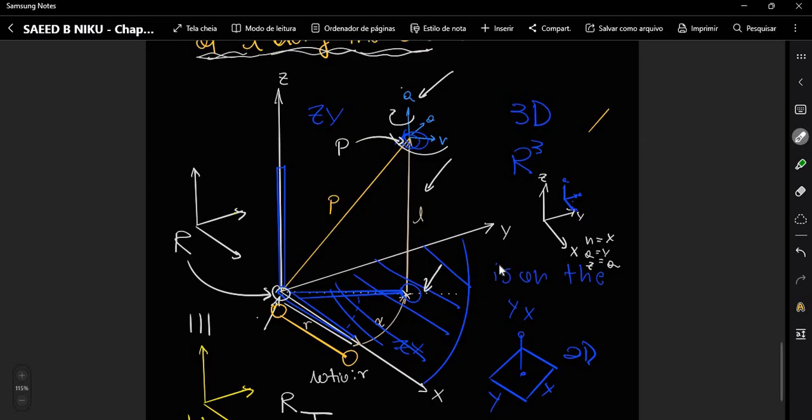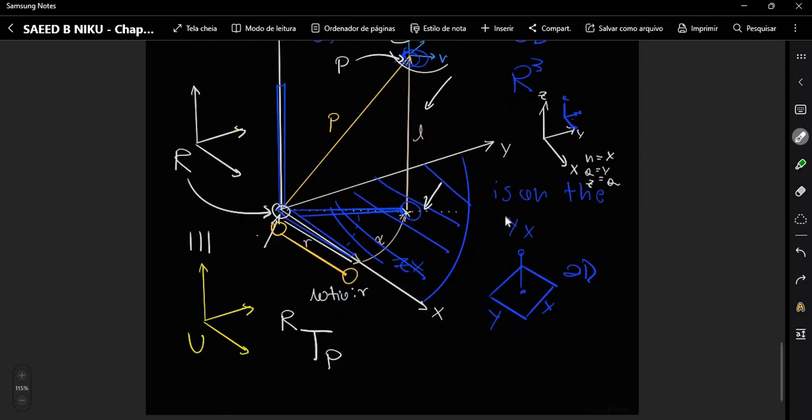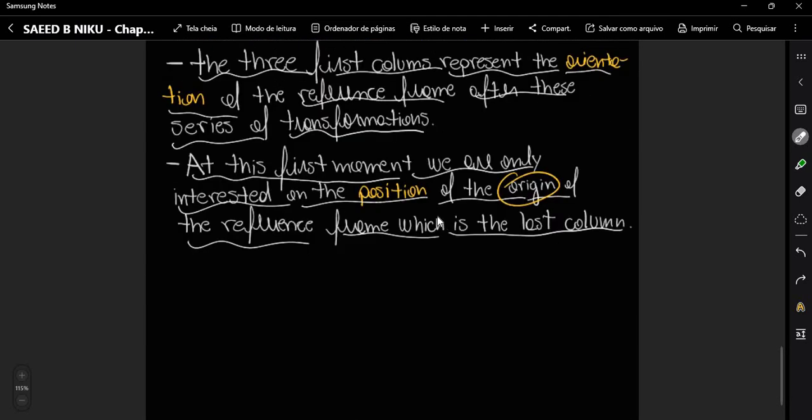we are doing an analogy to a robot arm. Okay, so is the orientation of this point. Okay, so let me write this.